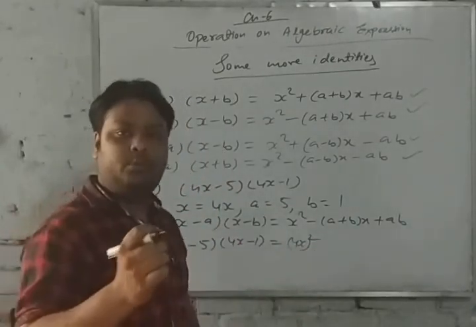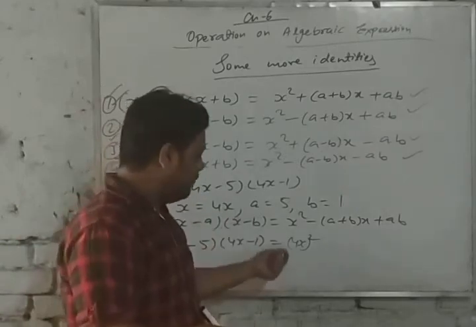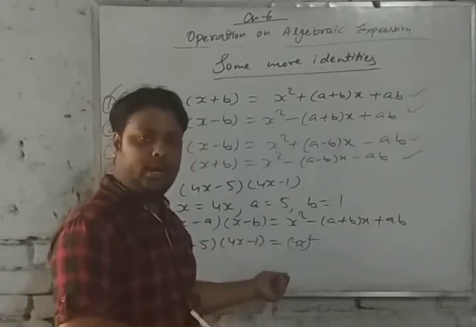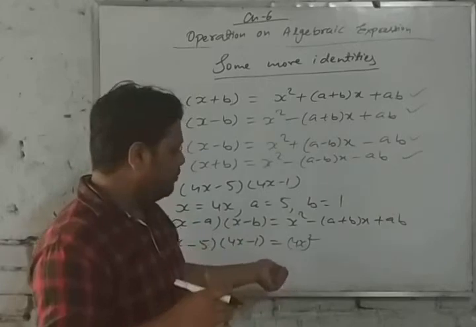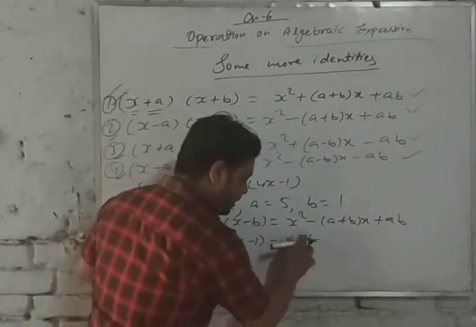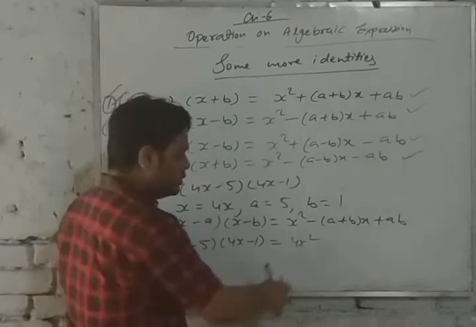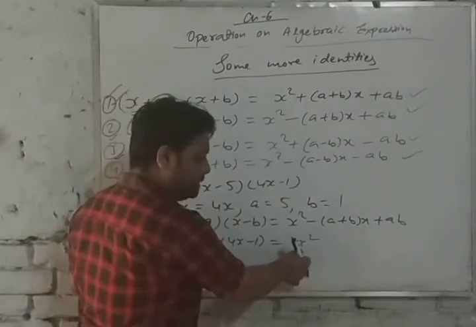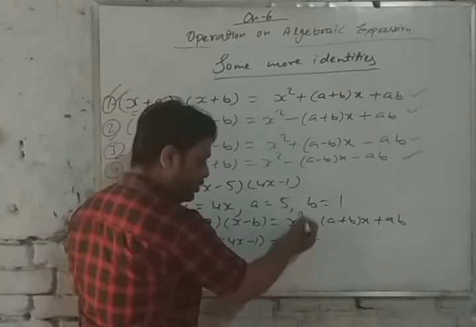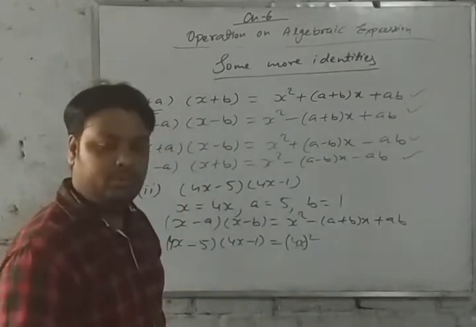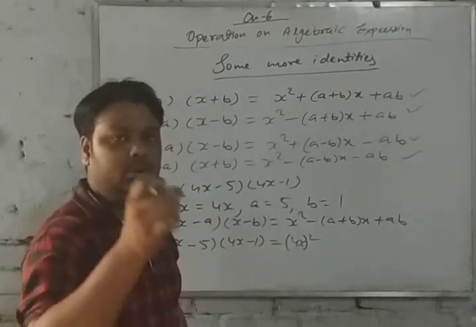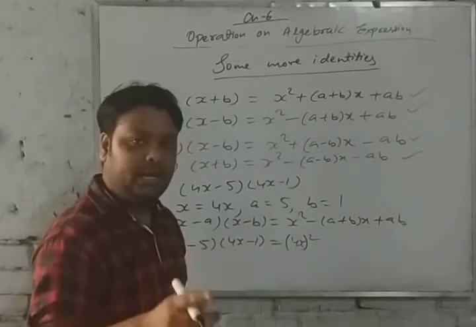If you are putting any value, then always put the value in bracket. Okay, it is very necessary. If you do not put the bracket, then it will show 4x square, with the square only on the x, not on the 4. So you have to keep it in bracket. Every time you put a value, it is necessary to keep it in the bracket.